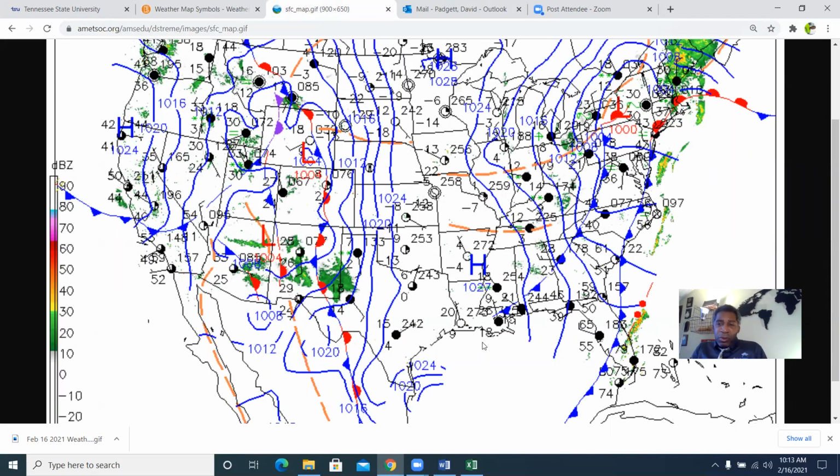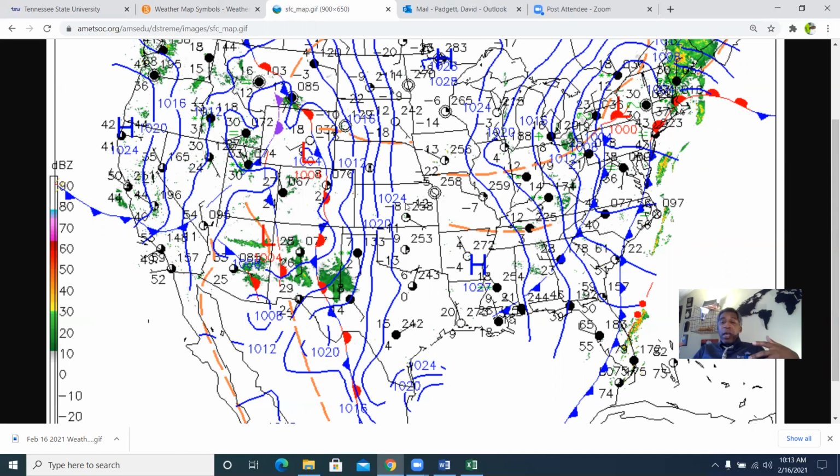What I'm going to ask you to do from time to time is to predict the weather maybe 3 days out based upon what we see here. If you notice the stationary front, there's a cold air mass here indicated by high pressure across the Great Plains.